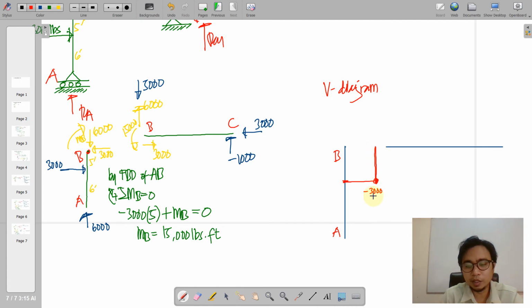By the way, we indicate that by negative sign. Negative 3,000, and then eventually it will go back to 0 value here. So your internal forces does the balancing of the joint B, where it will turn to 0. So moving on to the horizontal member, so perhaps you can move this.